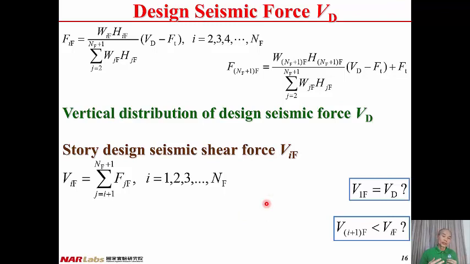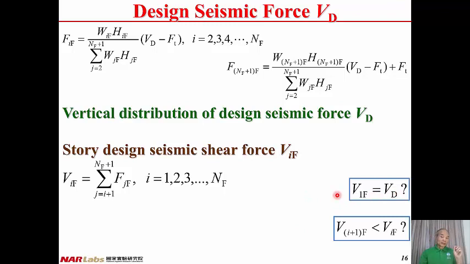After having a story design seismic force, then we can have story design seismic shear force, ViF. And ViF equals the summation from j equal to i plus 1 to NF plus 1 of FjF. Therefore, ViF equals the summation of all the story seismic force above the floor. And we have two questions here. Is V1F equal to VD?